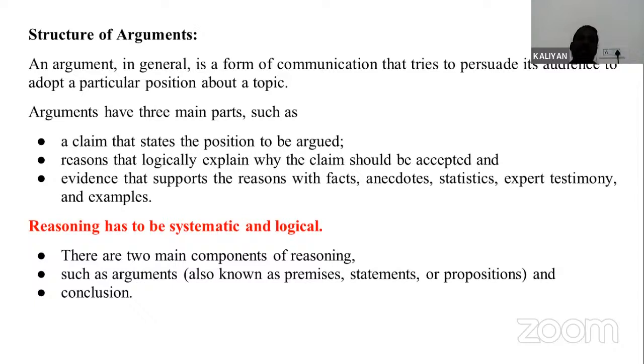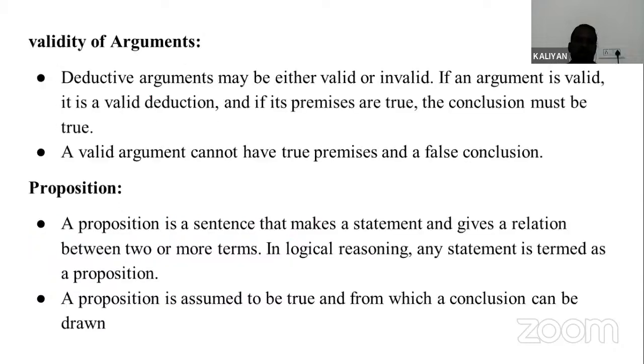Reasoning has to be systematic and logical. There are two main components in reasoning: one is the argument, called the premises or statements or propositions, and the second one is the conclusion. On the validity of arguments, there are two types: valid and invalid.